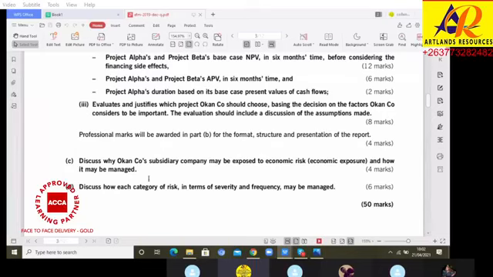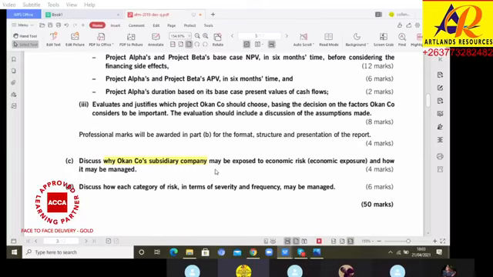How can you manage economic risk? Now, when they say discuss why a subsidiary may be exposed to economic risk, you know, economic risk looks at issues like GDP, economic growth, money supply, unemployment, recession, etc. Those are economic risk exposures.